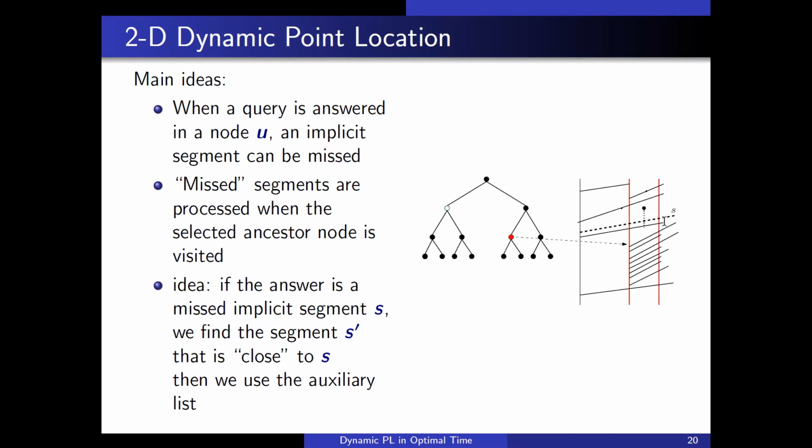And this other segment S prime is going to be close to S in some sense. And this means that when I visit the selected ancestor of this node U, then I will be able to quickly find this segment S if I know S prime.